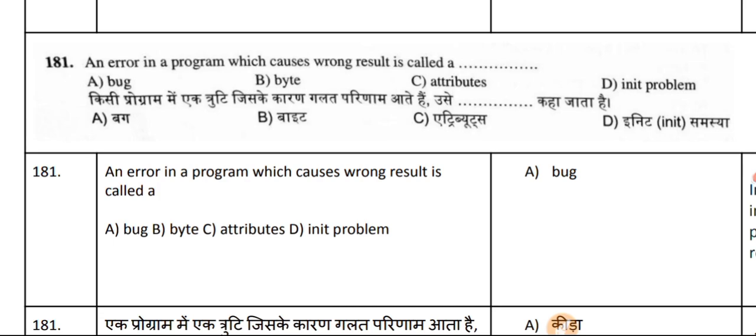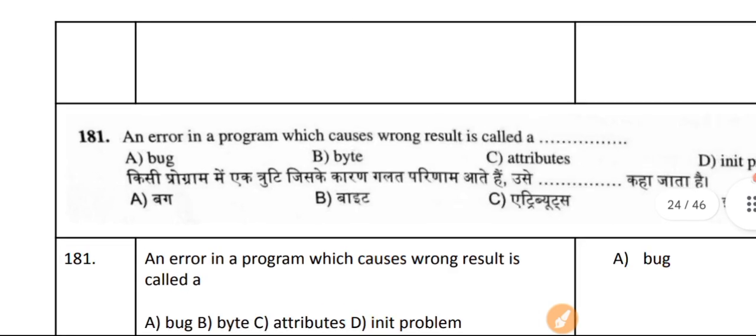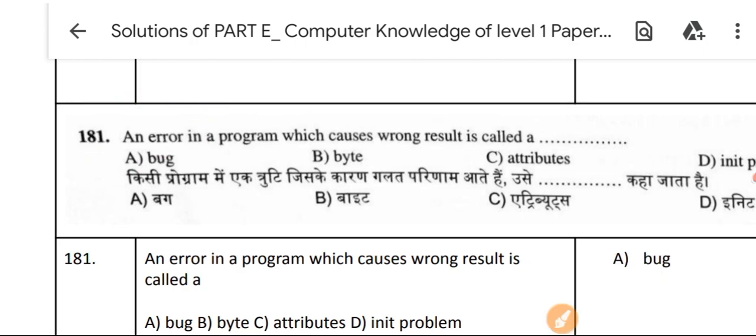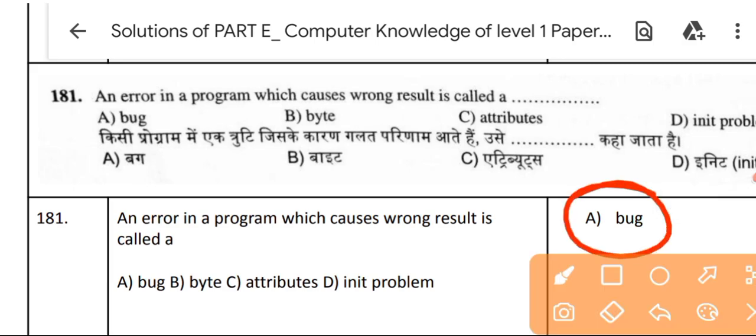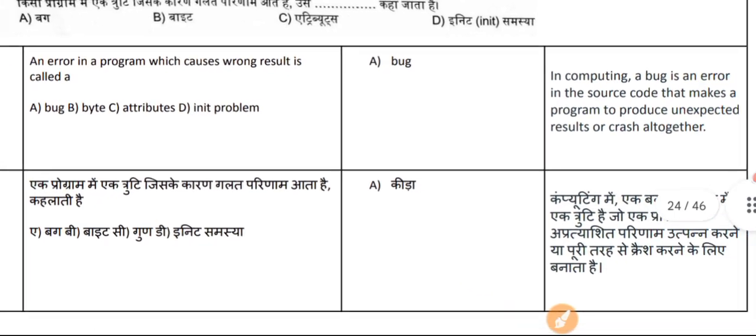Now we are asking question number 181. An error in a program which causes a wrong result is called a bug.